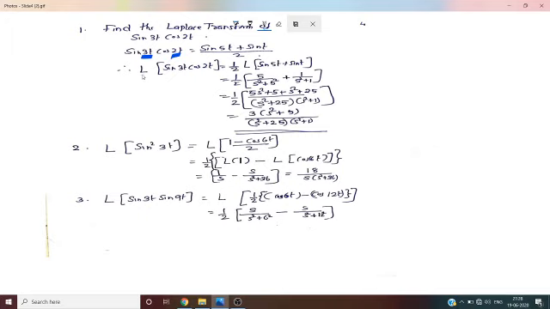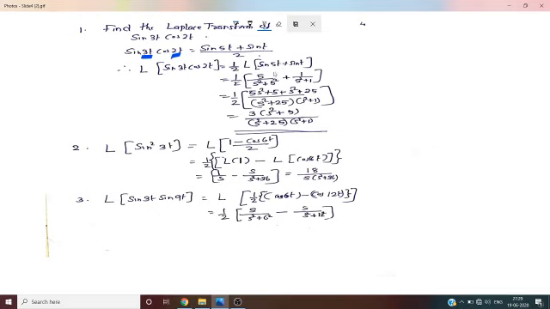So that we can find the Laplace transform of sin 3t cos 2t as equal to the Laplace transform of (sin 5t plus sin t) by 2. Now, the constant can be taken outside, that is 1 by 2 into the Laplace transform of sin 5t plus sin t.